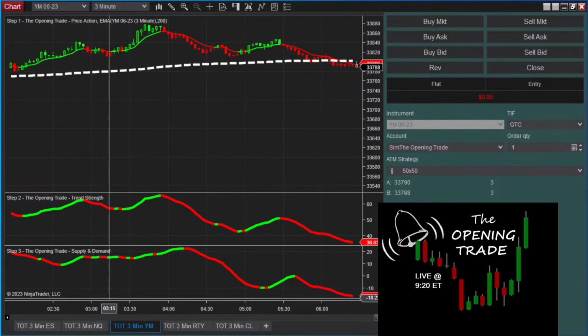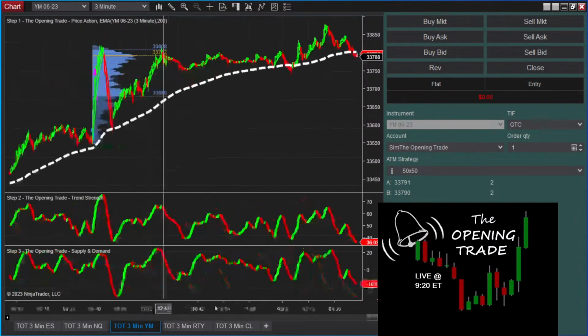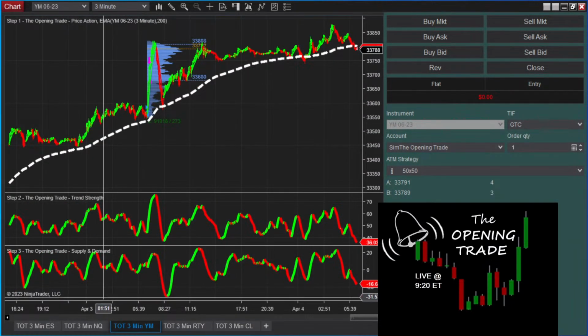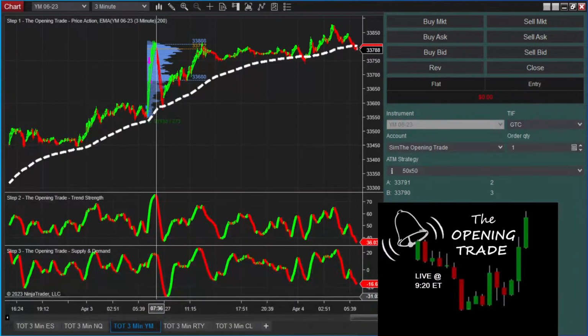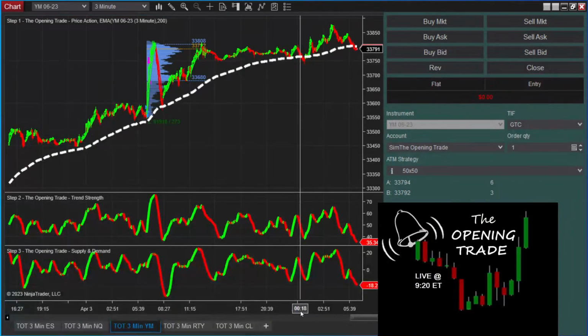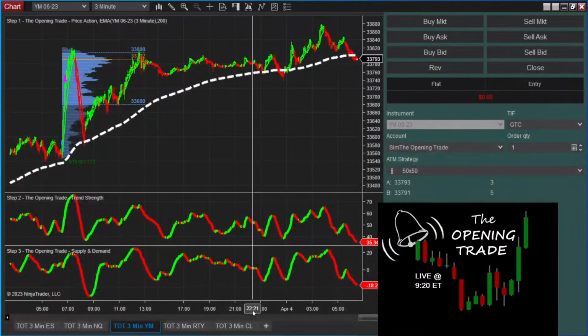Here is the Dow. Yesterday started here, ran to here. You can see it also had a crazy spike, but it wasn't above and then below.